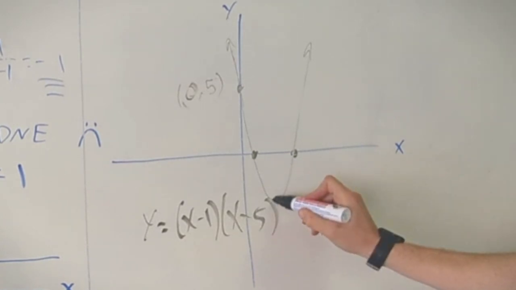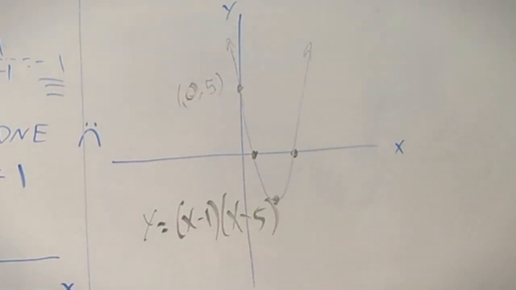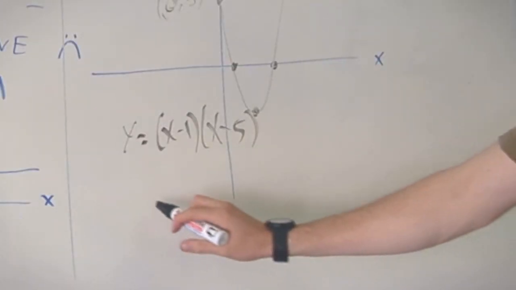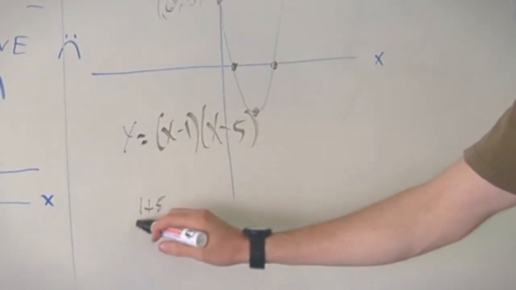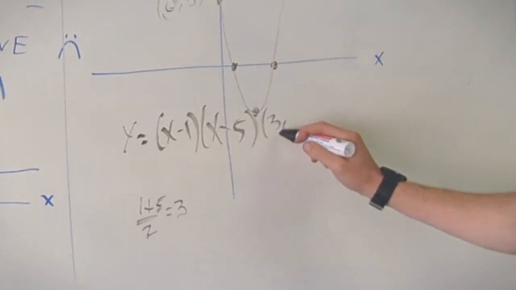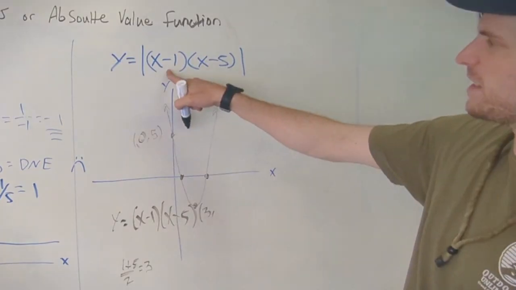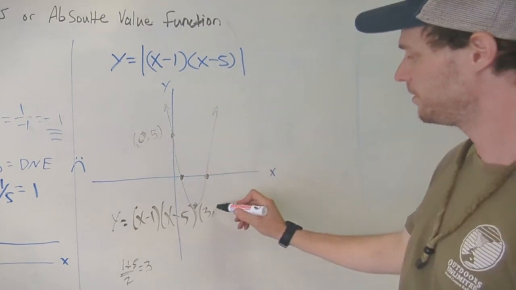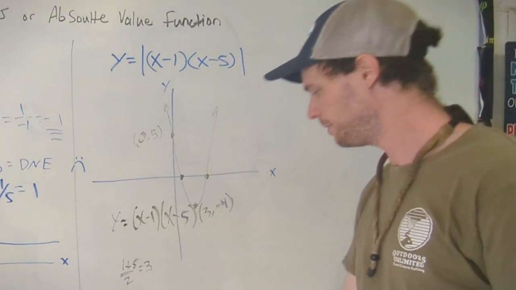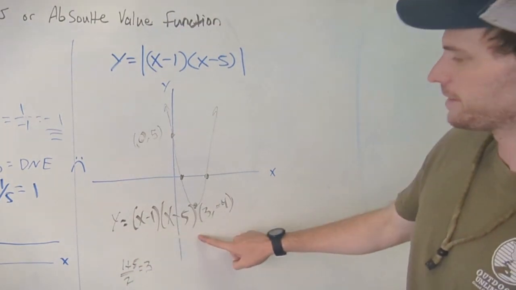And then this point here is the vertex, super important. If you remember really all your things, it's the middle of the roots. So the vertex is going to happen at 1 plus 5 over 2 for when x is 3. When x is 3, we get 2 times negative 2 for negative 4. But we weren't trying to graph this quadratic, because that's old stuff.